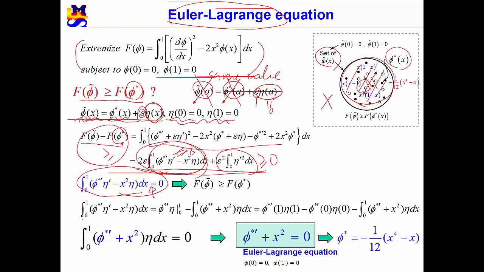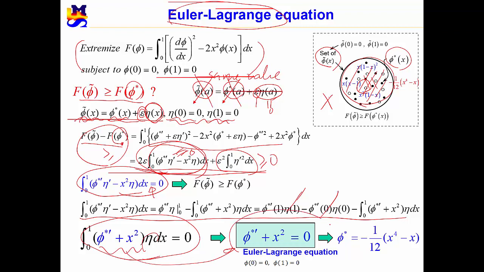Applying integration by parts to this equation, we obtain this equation after plugging the constraint on eta x at the boundaries in this equation. Because eta x is arbitrary, this differentiation should be satisfied. This differentiation is called Euler-Lagrange equation.